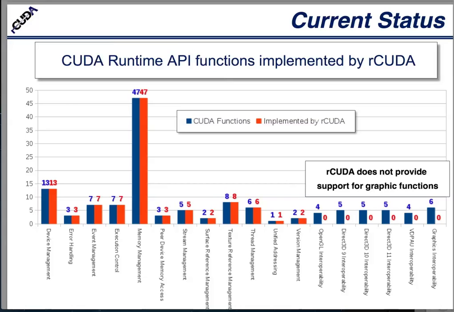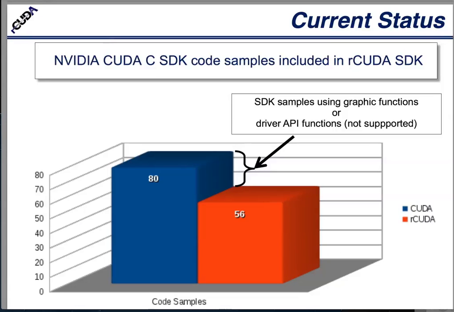So every other function of the runtime API is supported, including asynchronous transfers, support for textures, or CUDA streams. Every single operation, apart from those related with graphics interoperability. So the SDK samples can be executed apart from those employing graphics or the driver API.